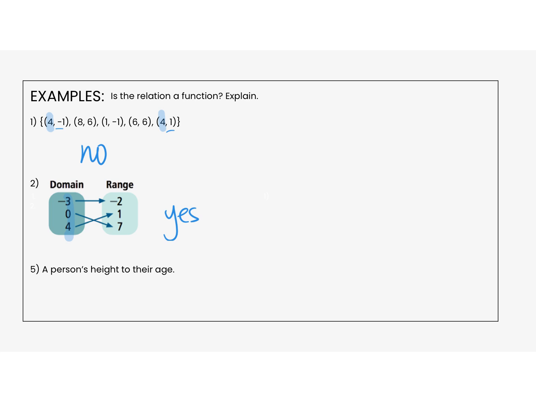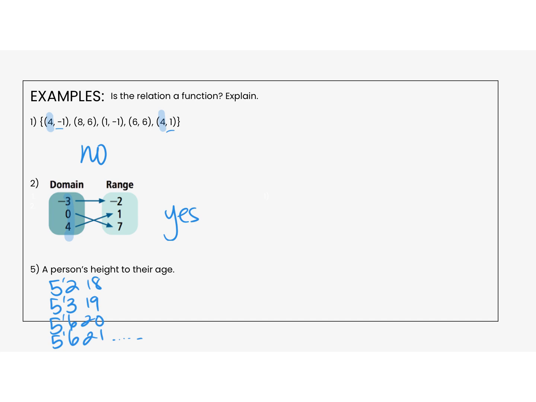And then if you're looking at your packet, we're skipping ahead to number 5. This is a person's height to their age. If we think about this, as you're growing, you might be 5'2" and then 5'3", but eventually you get to 5'6" and you stay there, right? So let's say this is 18, 19, 20, 21, and so on.